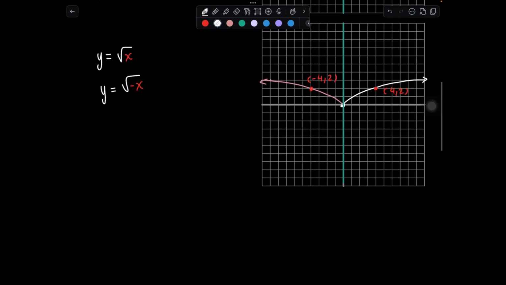So if I had a more complicated graph, something like this, and I wanted to reflect this across the y-axis, again, all you would do is replace every single x value with negative x.